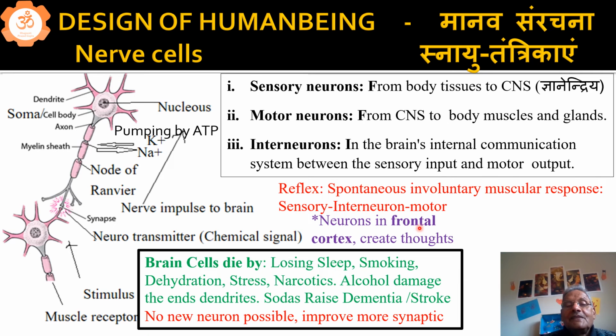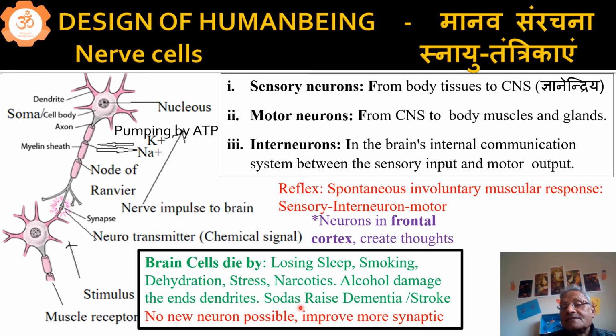Just to see our brain cells, they die out. How? By losing sleep, smoking, dehydration, stress, and narcotics. Alcohol also damages the dendrites.